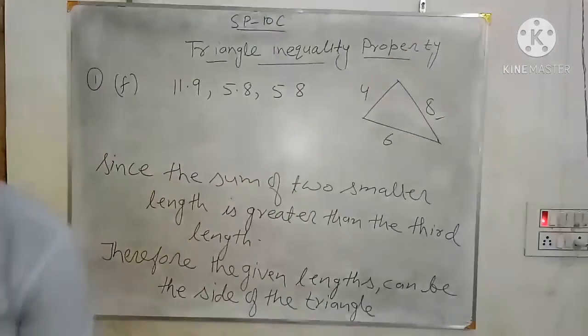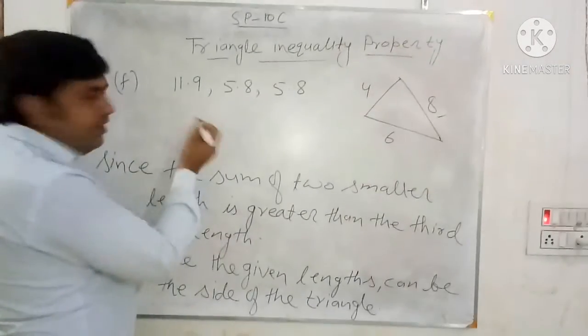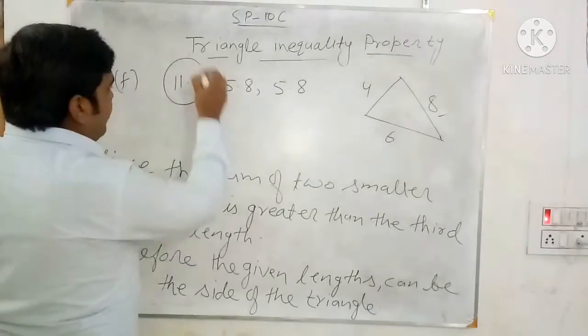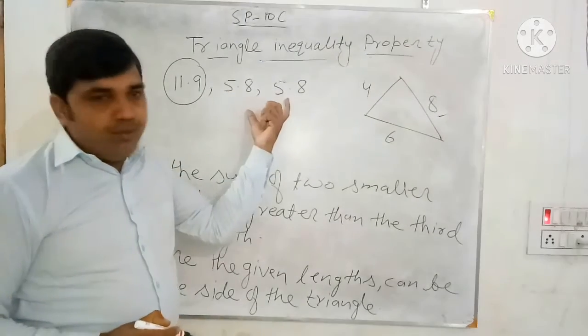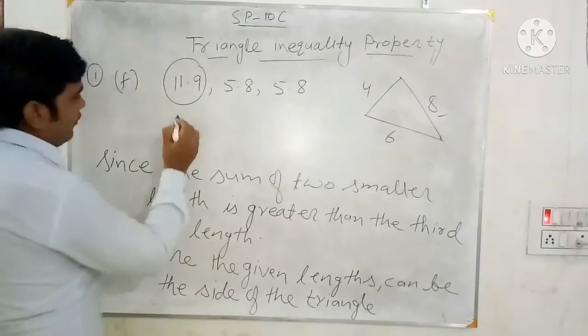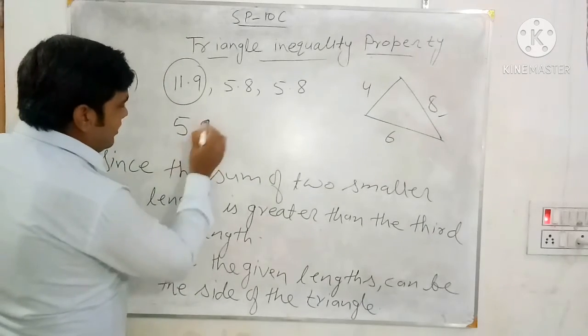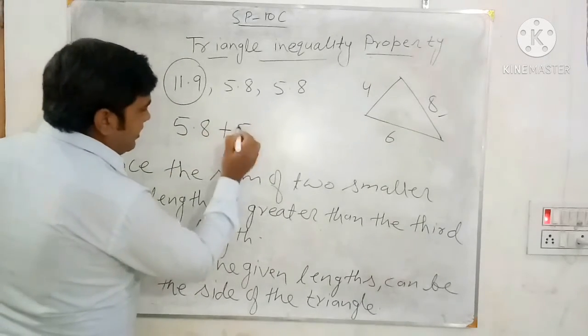In this you will find the largest length is 11.9. So now we take the sum of the two smaller lengths, 5.8 and 5.8.